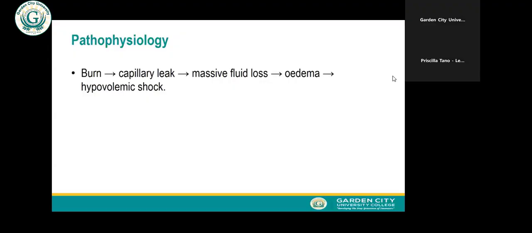The fluid loss is very, very rapid at the first instance. But after 18 to 24 hours there's a bit of reduction, especially when the integrity of the vessels is restored.